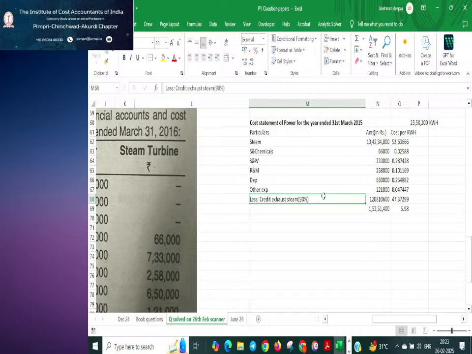So let's discuss on cost audit program. ठीक है? Just a minute. So let me go to cost audit program. So it is page number 326 of your book. I'll go to the book.